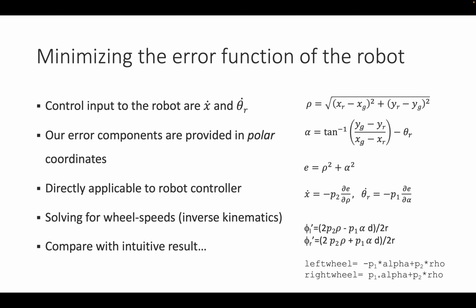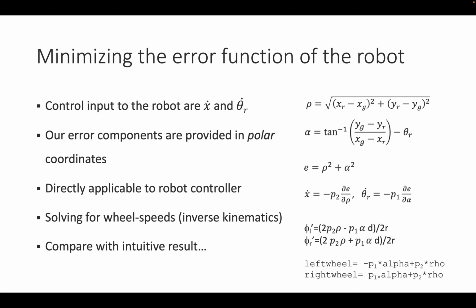Now, what can we change? We can change x dot and theta dot, which are the forward speed of the robot and the rotational speed. And so we know that the change in x should be proportional to the derivative of the error with respect to rho.